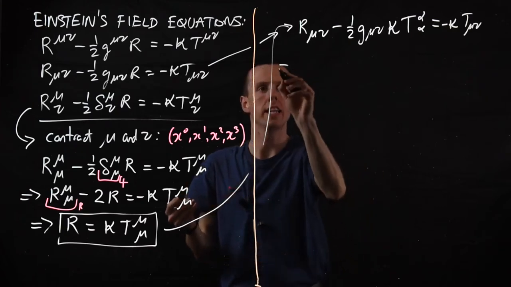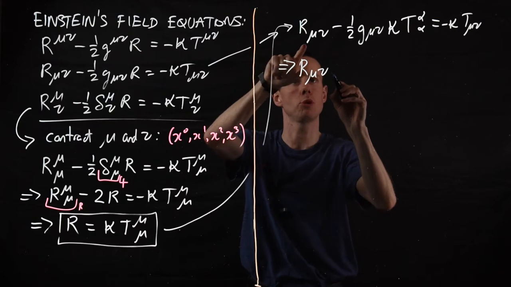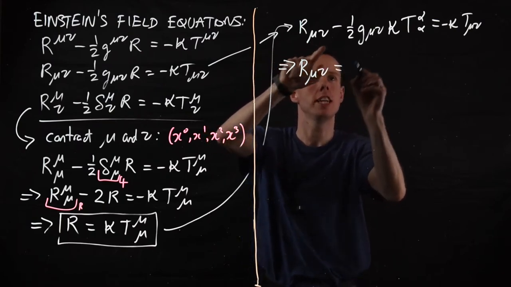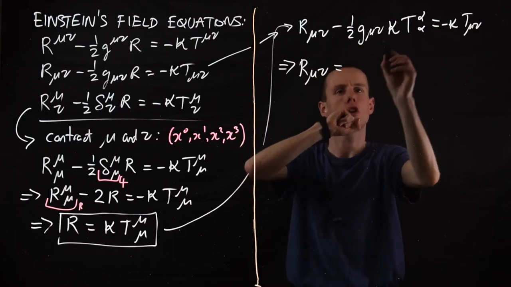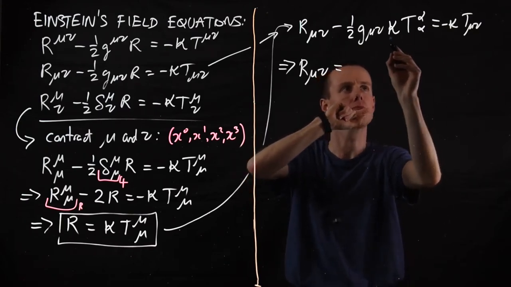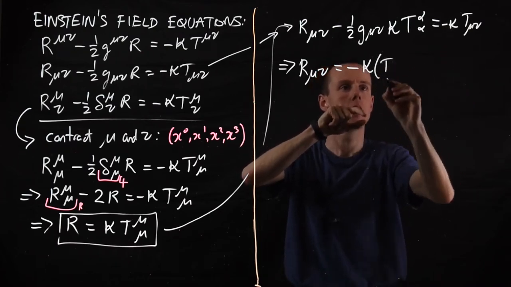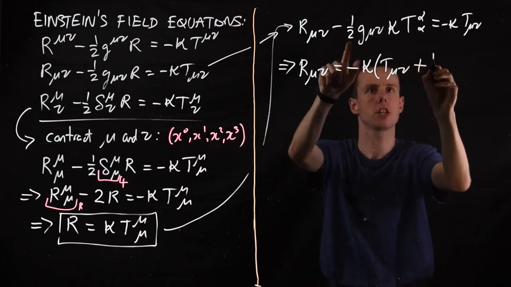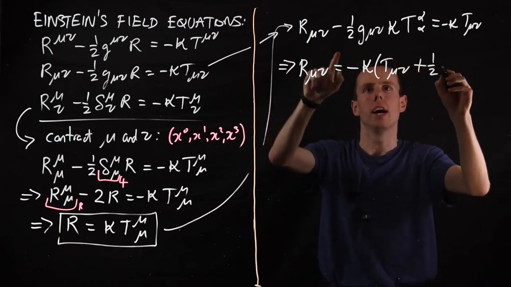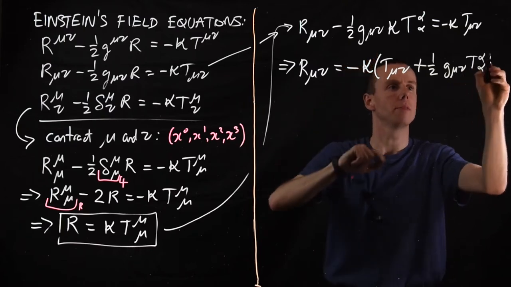All right, and let's rearrange so that we just have on the left hand side this R mu nu, Ricci tensor. Let's bring this term over here. That minus sign will become a plus. I've got a common factor of kappa, so let me bring it out like this. So I'll have minus kappa times T mu nu plus a half G mu nu T alpha alpha.